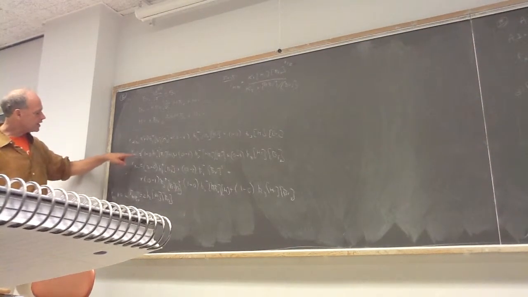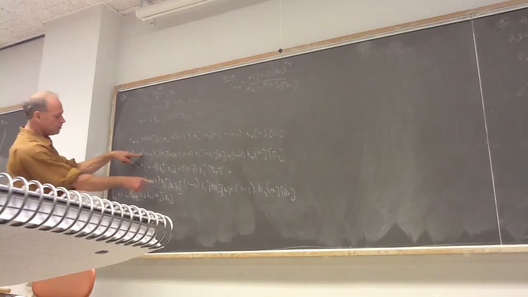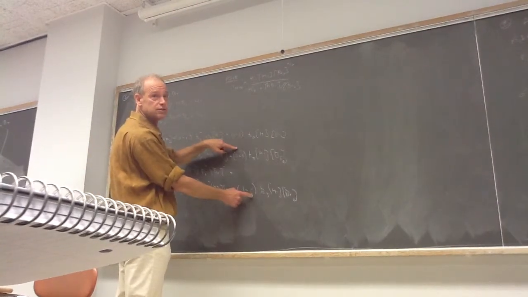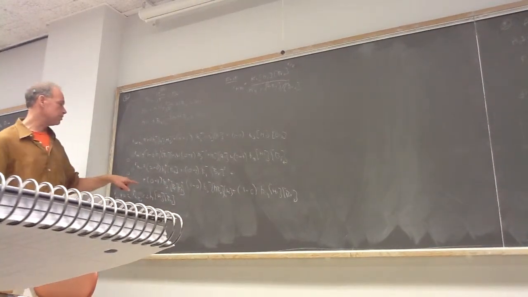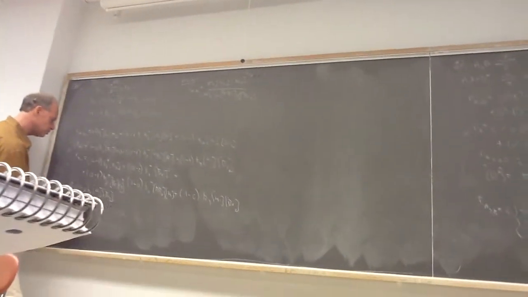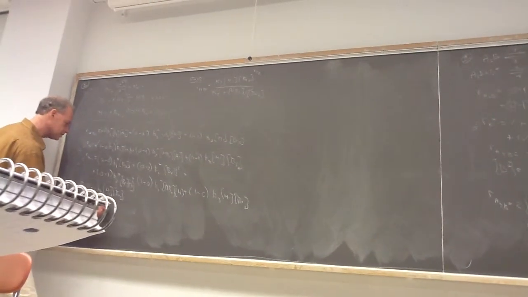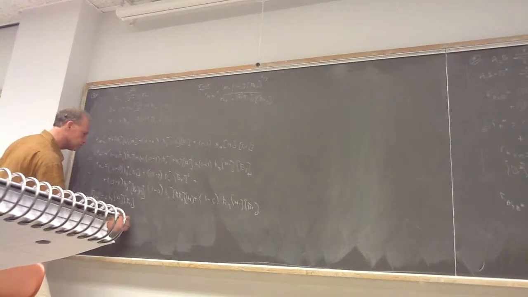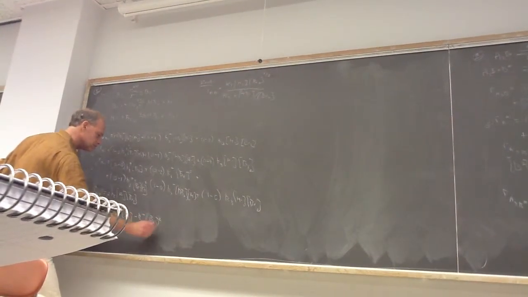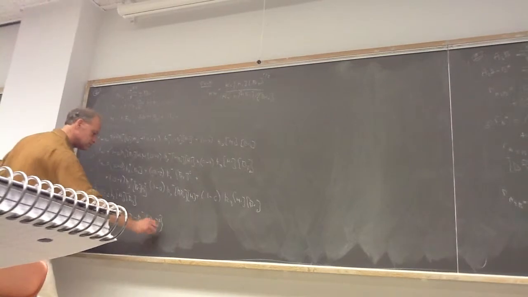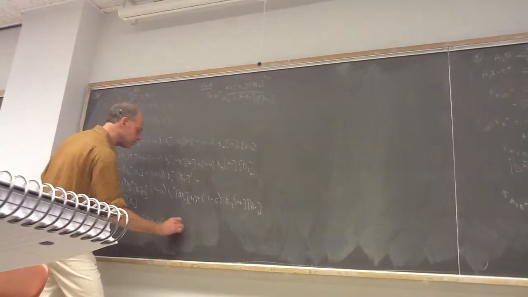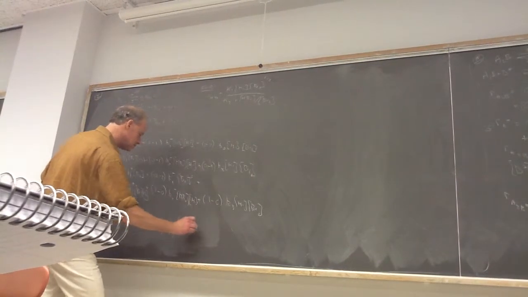And now, because here I have Br2 to the 3/2 and here I have Br2 to the 1/2, I'm going to divide top and bottom by Br2. I lost the term plus K3 Br2, so let's just copy that. Now if I divide the top by Br2 and the bottom by Br2, what am I left with?